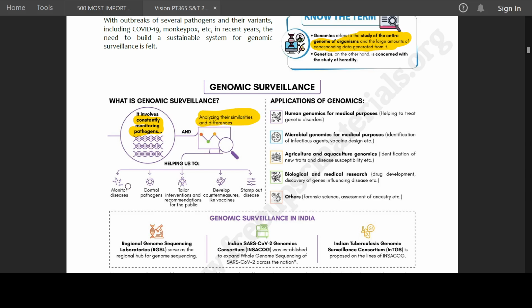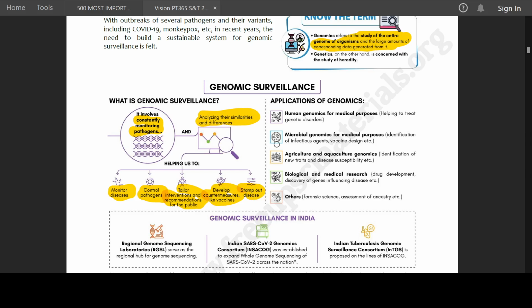It helps to monitor diseases and control different pathogens. This is very important: it helps tailor the interventions and recommendations for the public, develop countermeasures like vaccines, etc., and stamp out diseases, completely eliminating them. These are the benefits of genomic surveillance.